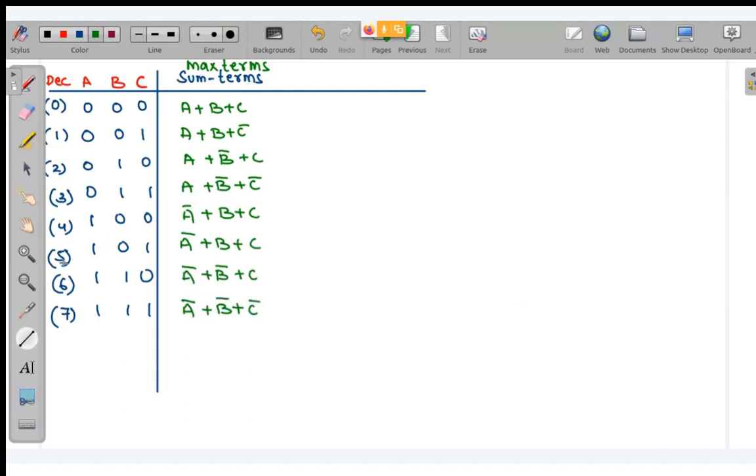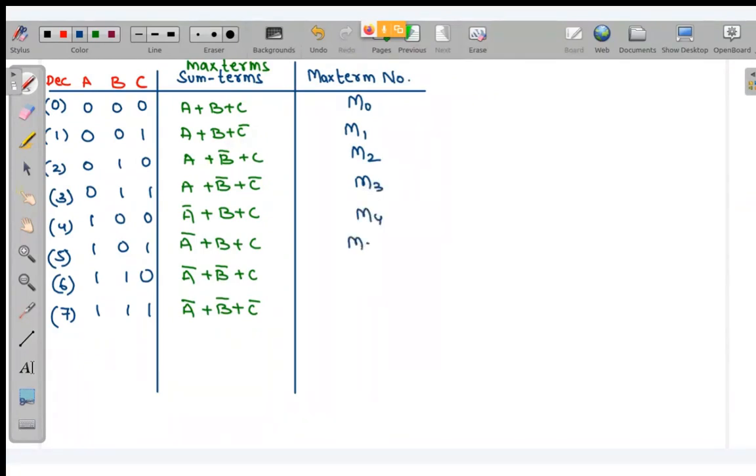Now if I want to represent it in max term numbers, max term numbers are represented in capital M. So this will be capital M0, capital M1, capital M2, capital M3, capital M4, capital M5, capital M6, capital M7.